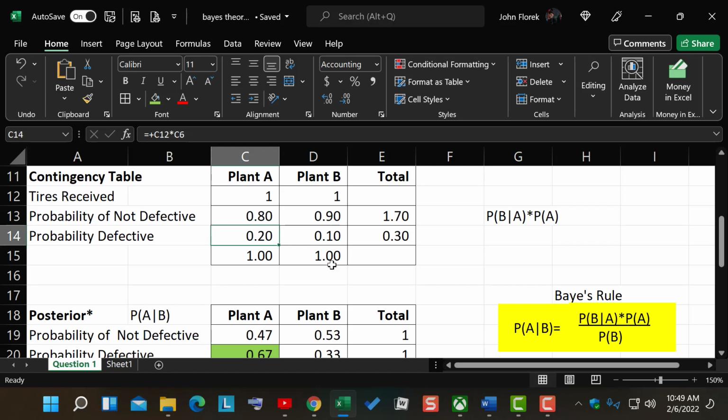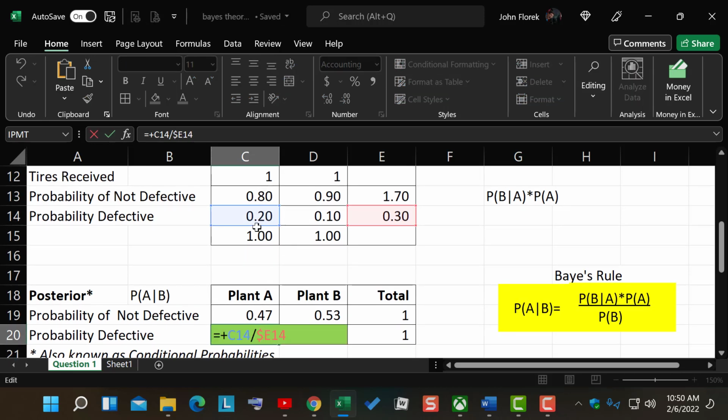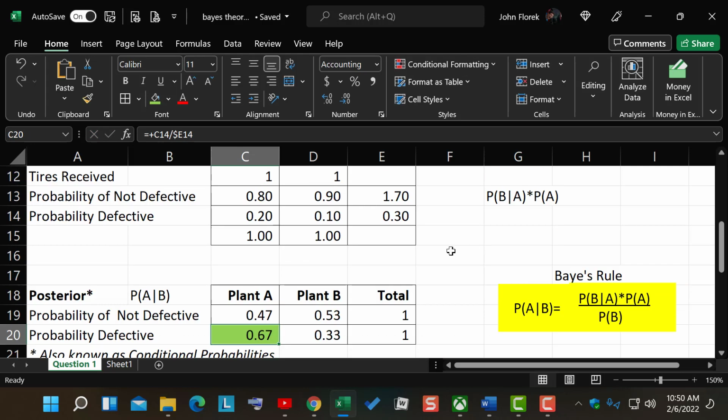And then here, this is the total, down here. This is the total of defective tires, the 20%, divided by the total defective. And that gives you 67%.